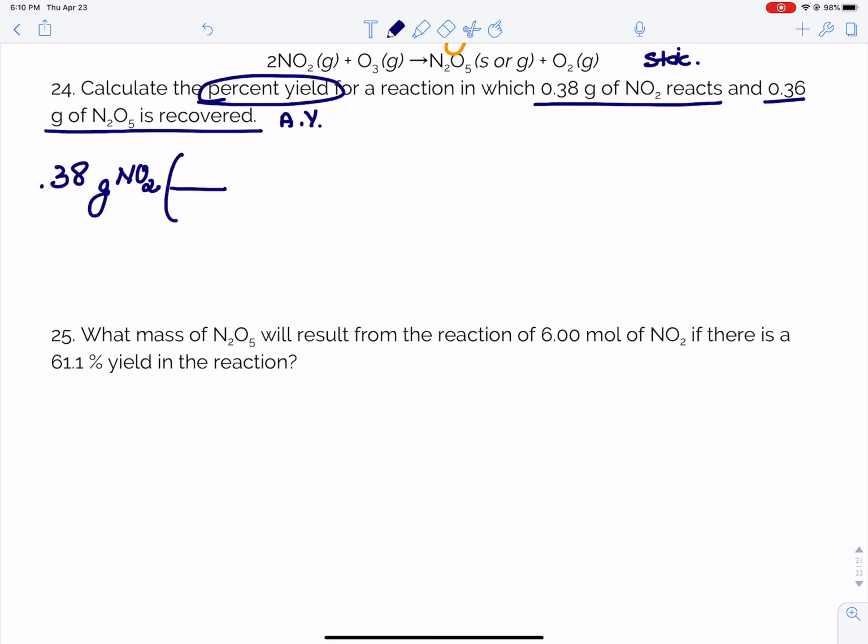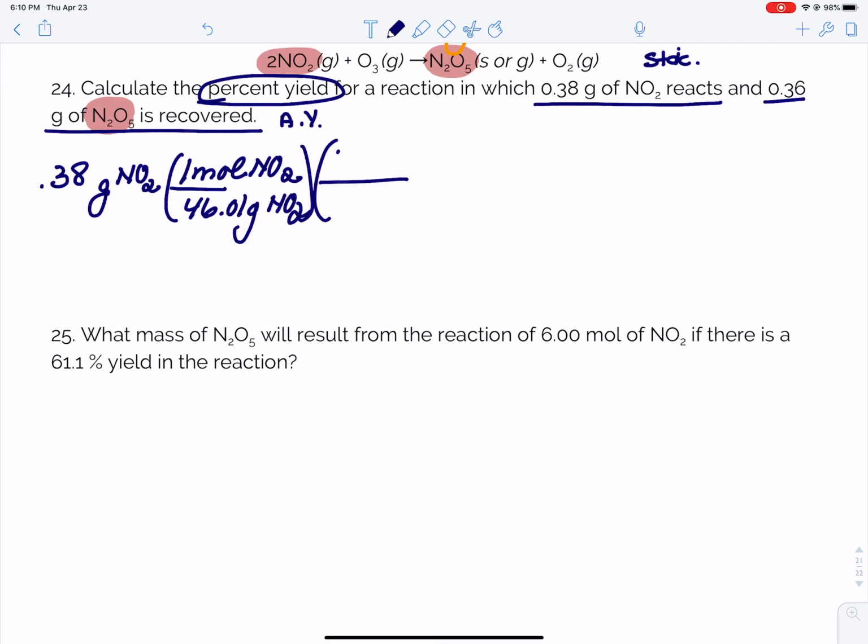What do I want to do? I want to go from NO2 to N2O5, because my actual yield and theoretical yield need to be of the same compound. That's always true. So 1 mole of nitrogen dioxide is 46.01 grams of nitrogen dioxide.